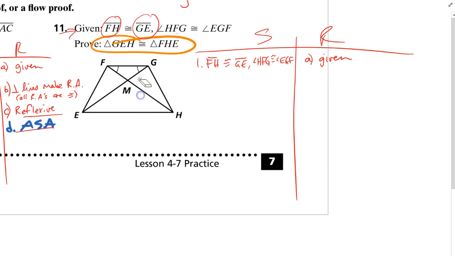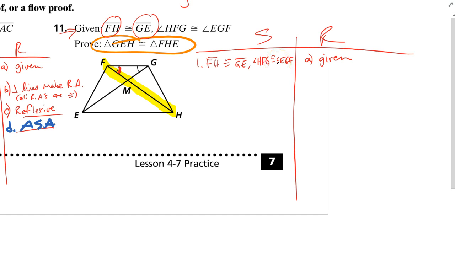Now, let me clean this up and outline for you again where we're going to go with this. We already know that this side matches up to the other side over here, G to E. We also know that this angle is already congruent from my givens.